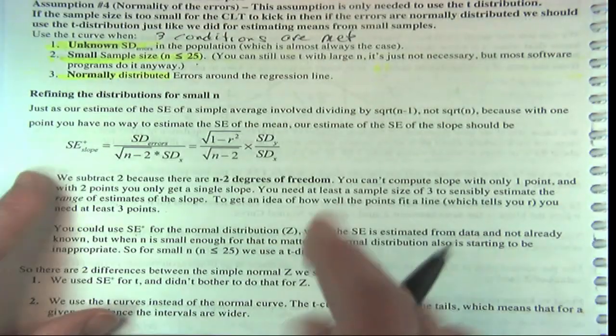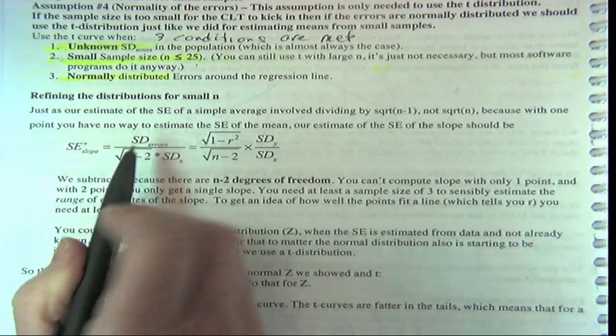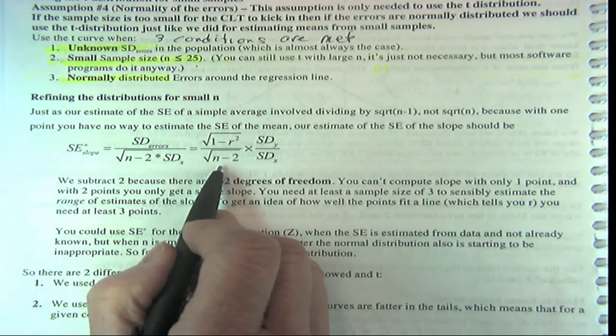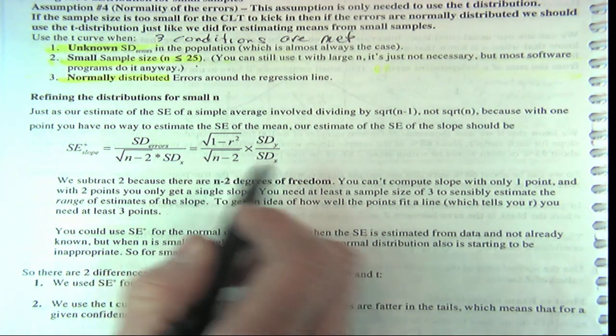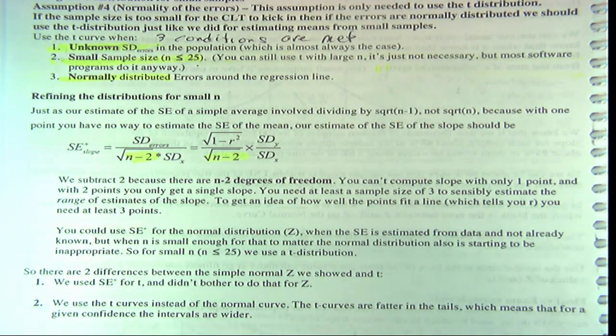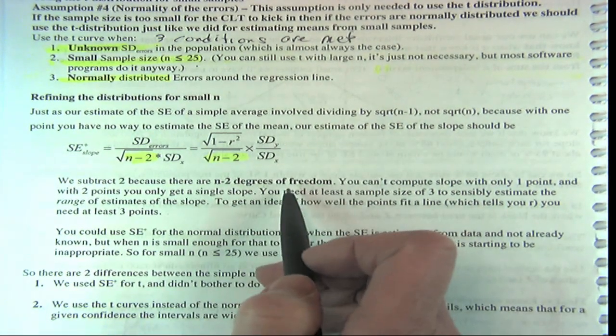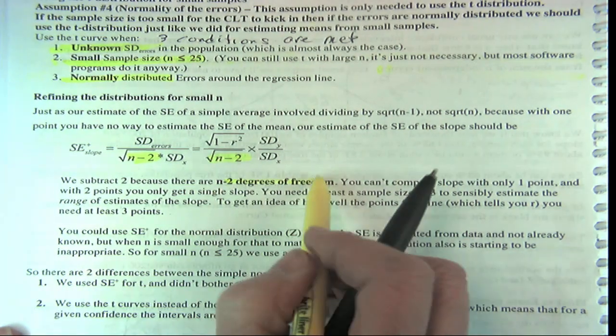And what we generally do for t-distributions, remember degrees of freedom. So instead of using square root of n, you'd think we'd subtract off 1, but we subtract off 2 here. So this is the big change. And why? Because the degrees of freedom is n minus 2. And you can think about it this way.